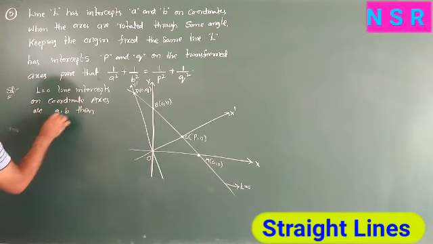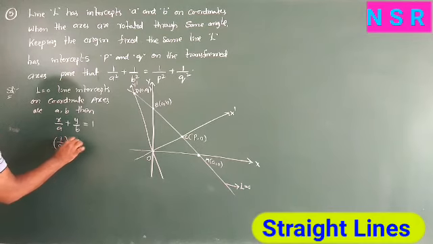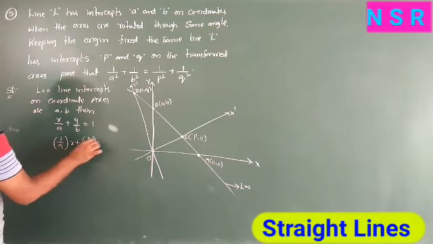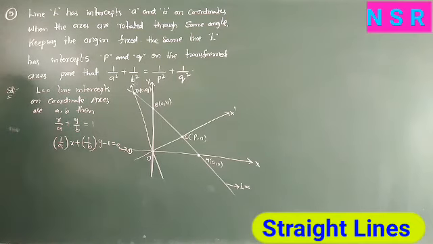Then the equation is x by a plus y by b equal to 1. So it can be written as 1 by a into x plus 1 by b into y minus 1 equal to 0. This is equation 1.